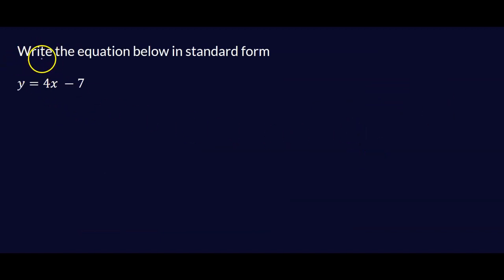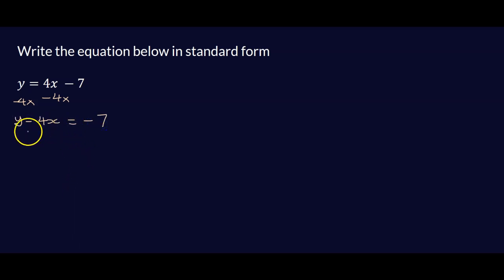Okay, so write the equation below in standard form: y equal to 4x minus 7. The first thing we're going to do is move all the variables to one side of the equation. So I'm going to subtract 4x from both sides. So I have y minus 4x equal to negative 7.